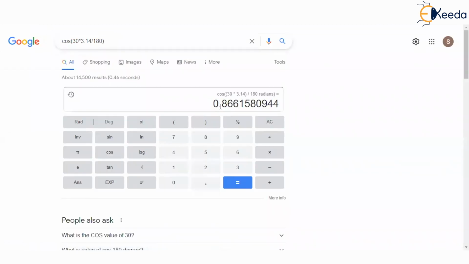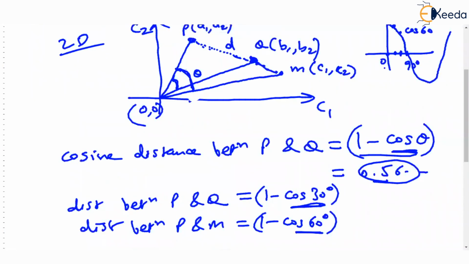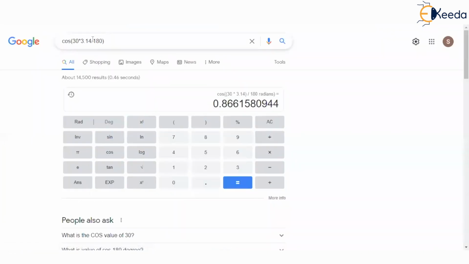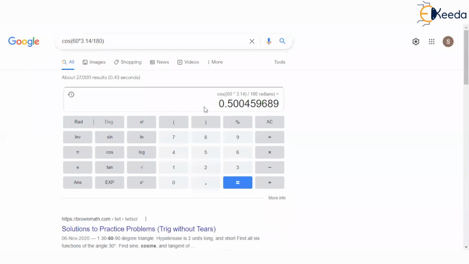This is 0.86. So cos 30 has come out as 0.86. So this is going to be 1 minus 0.86. Okay, but what about cos 60? If I see this is 60 degrees multiplied by pi by 180, then this is 0.5.